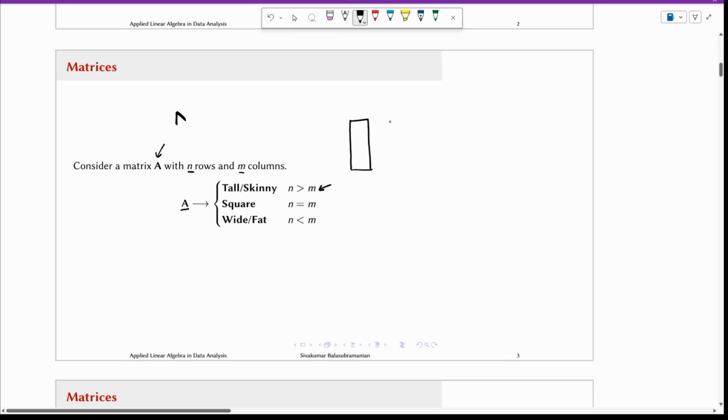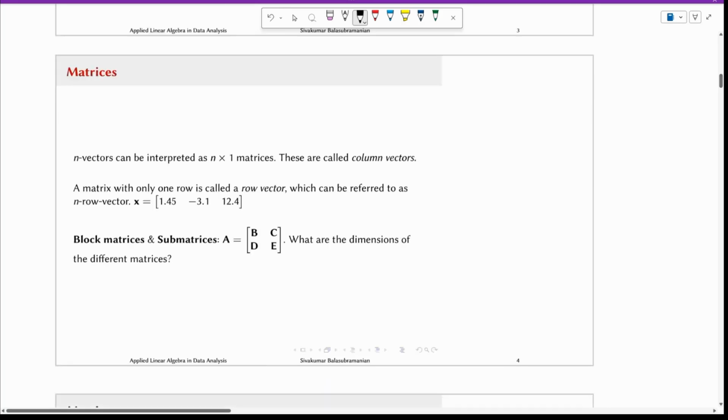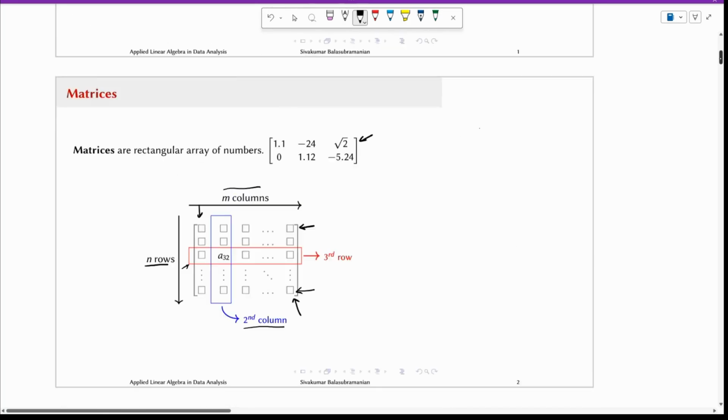We say it's a square matrix when m is equal to n. We call it wide or fat if the number of columns is more than the number of rows. As I've shown here, the convention we'll follow is to encapsulate these numbers between two square brackets. Okay.